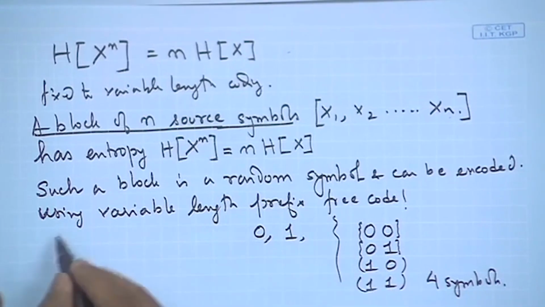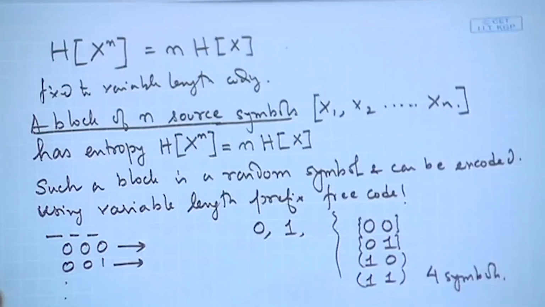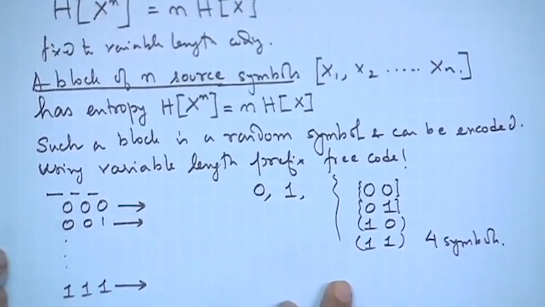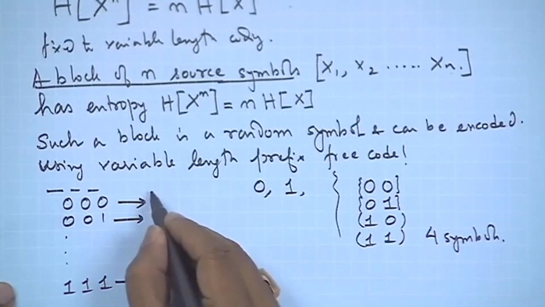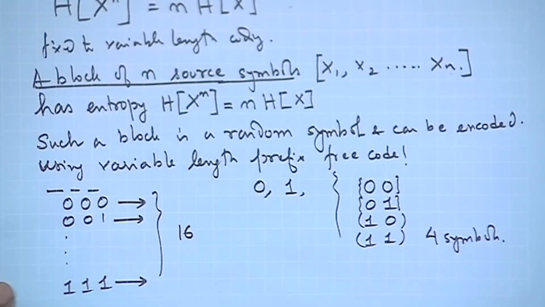You could have taken 3 bits, and in that case 000 could be one symbol, 001 could represent another symbol, and 111 could represent another symbol. So, that means that we now have a source which has 8 symbols.